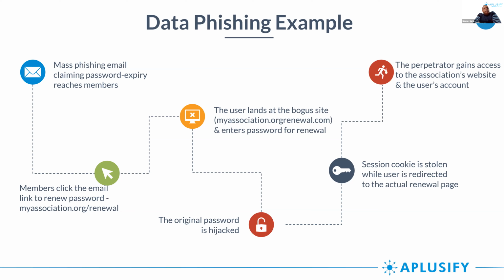So your users will think, yeah, they have got an email and their password is going to expire, because no one knows when their password is going to expire, and no one wants their password to be expired because they cannot log into the system. So they will actually click on that link.